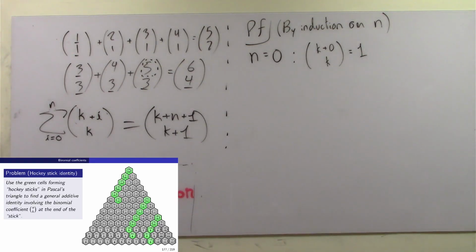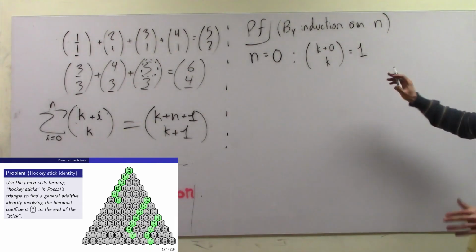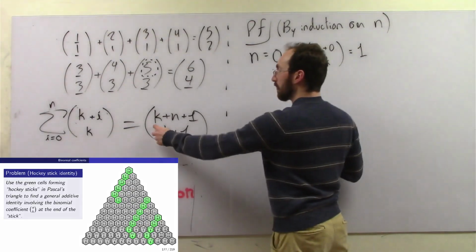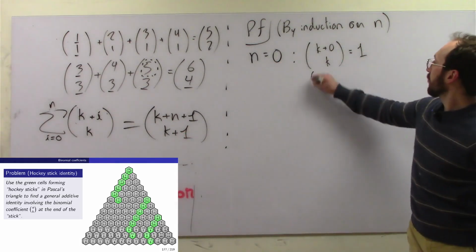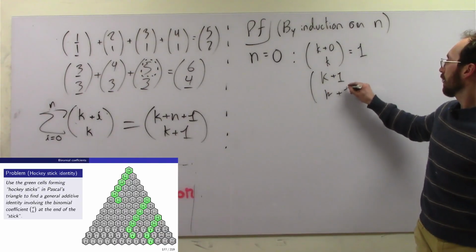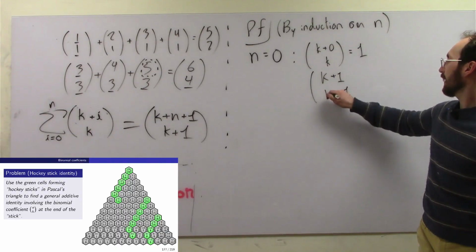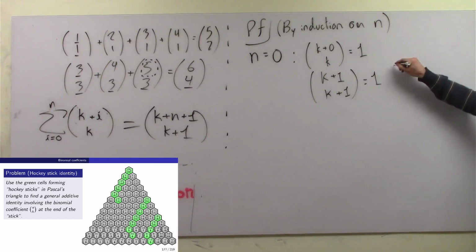And then what about the right-hand side? We have k plus 0 plus 1 choose k plus 1. Oh, thank heavens, my k's are k's. That also equals 1.